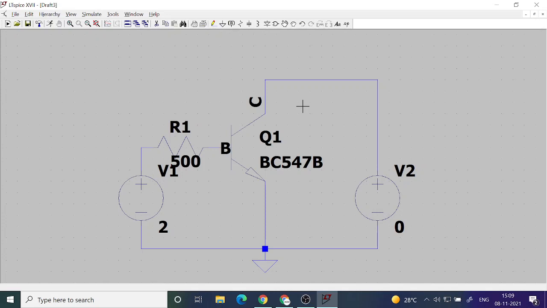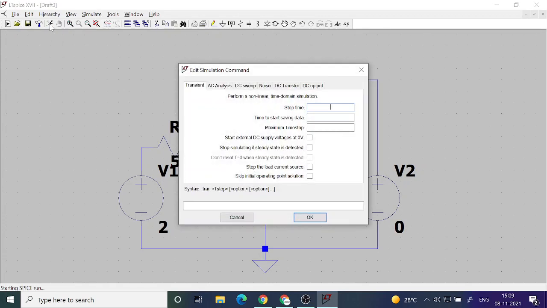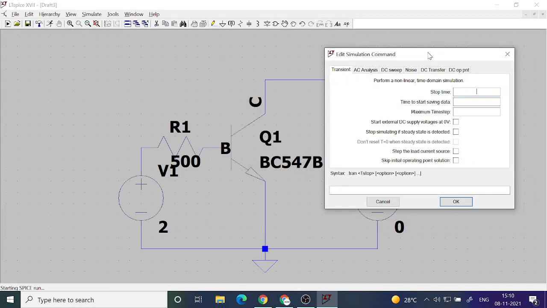Now all values are given. Now we need to perform an analysis again. If you give a fixed voltage like this, then we would like to know the operating point.